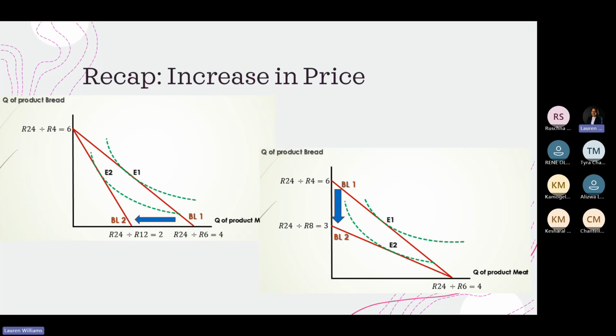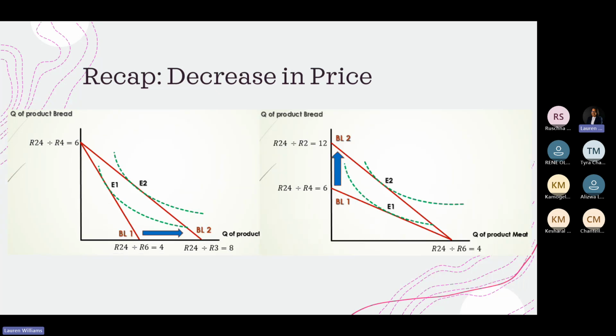When something becomes more expensive, you are able to consume less. And with a decrease in the price, you are able to consume more because it's cheaper, because your budget hasn't changed. Your curve always swivels to the right or swivels upwards, depending on which product it is. So they will tell you which product it is.